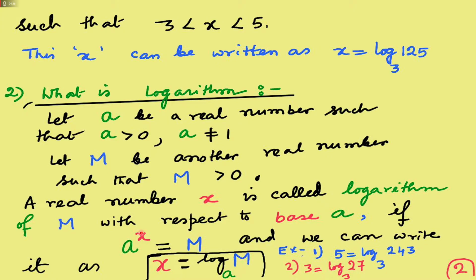A to the power x, here a is 3 and x is 5, and you will get m as 243. Then this 5 is nothing but x, and this x can also be written as log 243 base 3. This is the typical definition, okay.